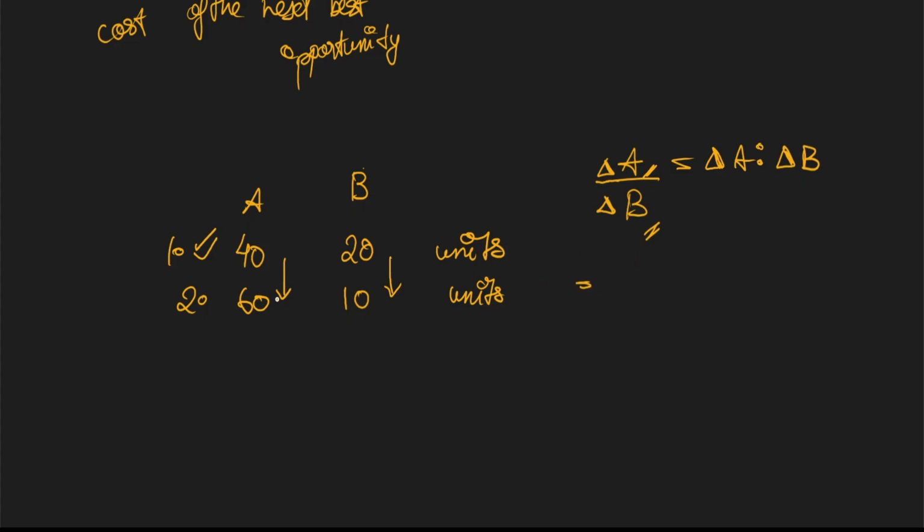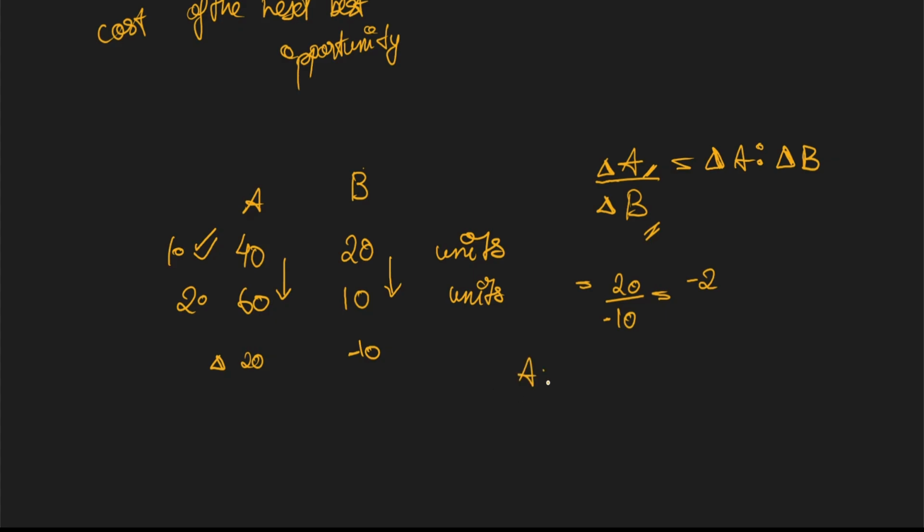So when we substitute in our numbers, here the change is 20, and here it's 10. So for the increase in 20 units of A, you lose out on 10 units of B, and that's nothing but -2.